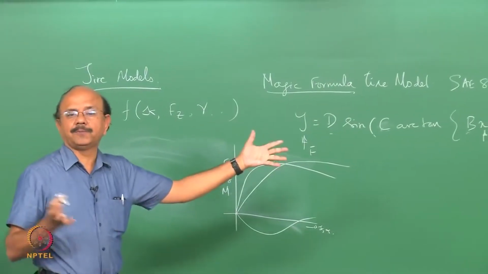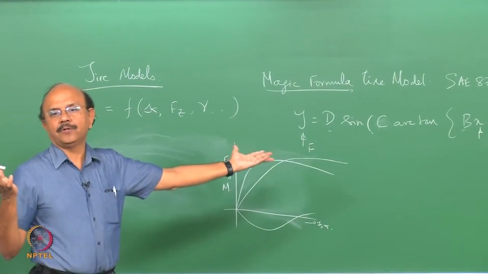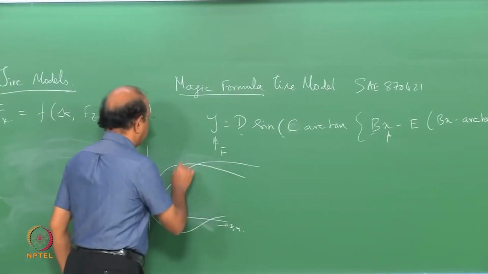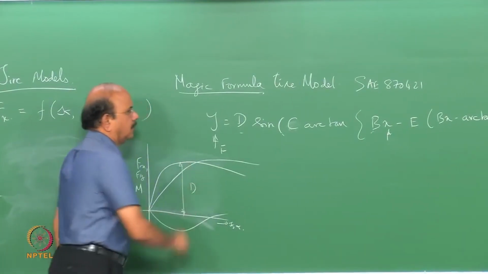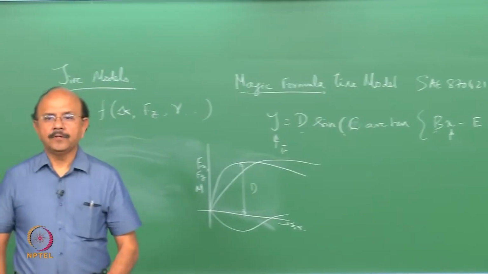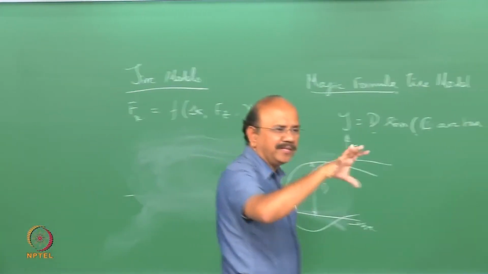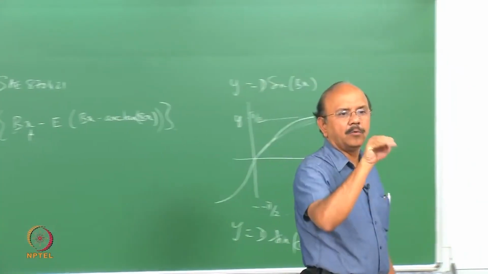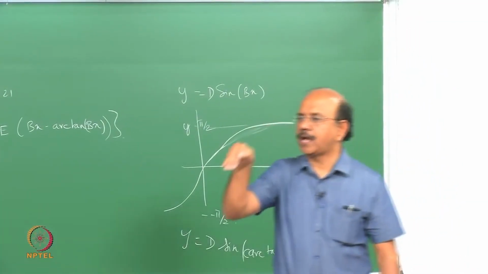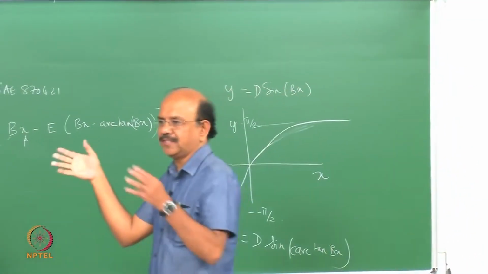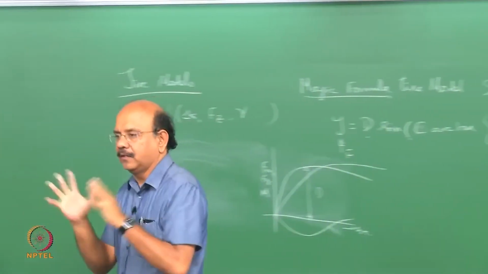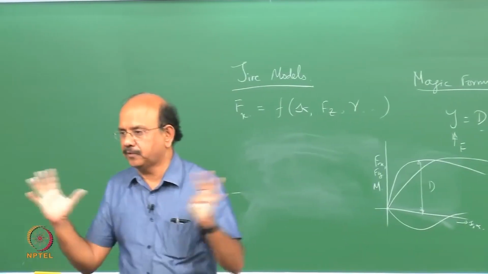So the maximum value of y is equal to d, obviously. So this should be the value of d. Okay. So C in fact gives me the shape, how elongated it is, how sharp it is, and so on. Because it sort of has an ability to shrink the frequency, if I can call it, don't get confused with that word frequency, of the sine.